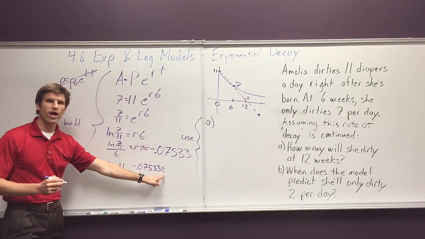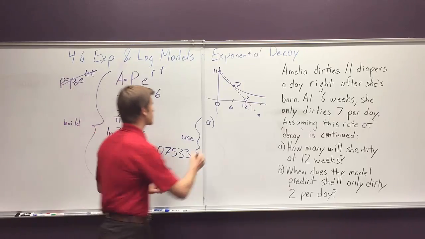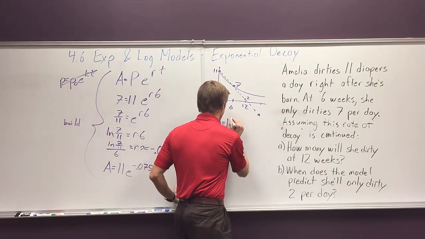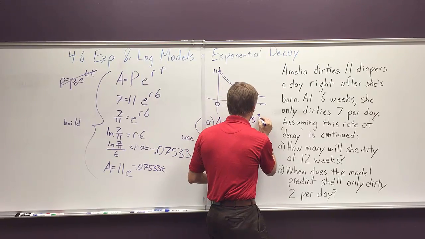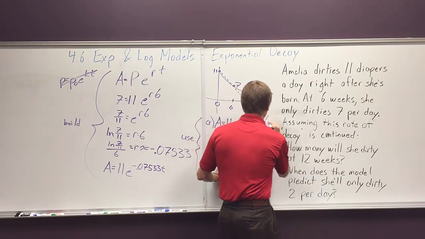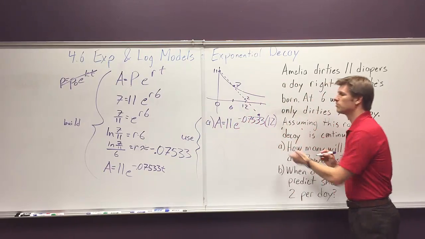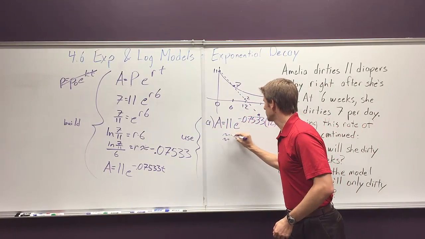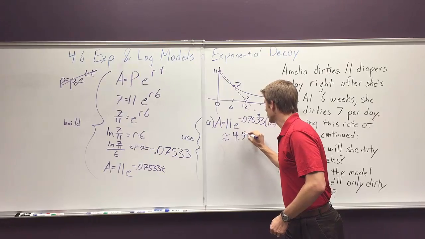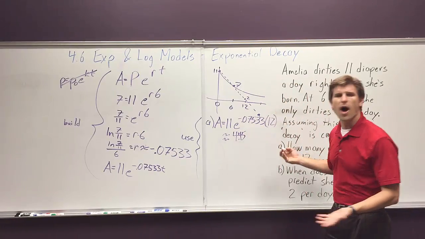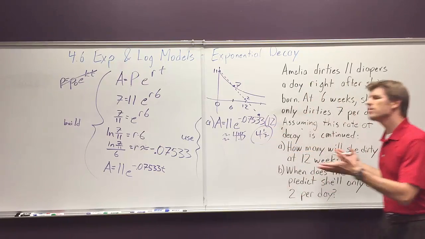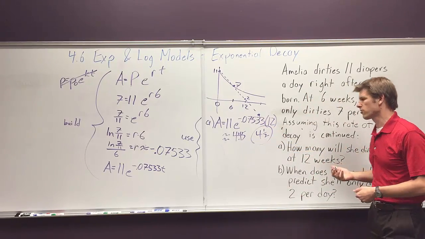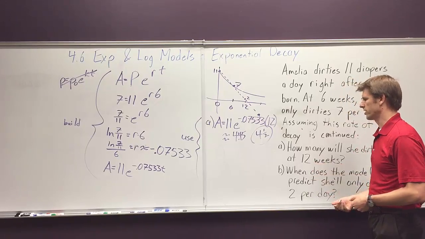I'm going to put in 12 for t. So A equals 11 e to the -0.07533 times 12. You can punch that into your calculator. It comes out to 4.45, or about 4.5. This model predicts maybe about 4.5 diapers a day at 12 weeks.